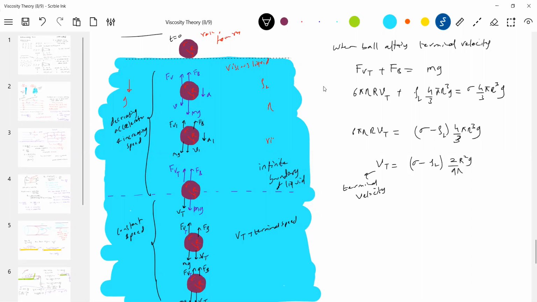What will happen to this? It will continue to move. There's no doubt about this one. As long as the liquid is present, it's going to continue to move with the terminal velocity. So the terminal velocity is directly proportional to the square of the radius, where r is the radius of the sphere.